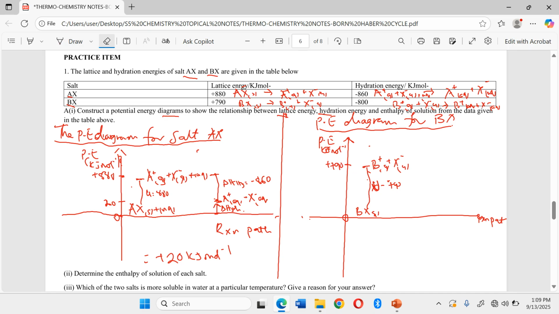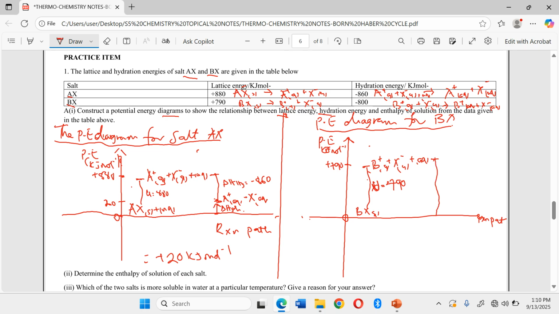Let's clear this. So we are saying lattice energy is positive 790. Then from there, when we add these gaseous ions in water, they become solvated. That's when we get the hydration energy, which is 800. Yet from here up to this line it is 790, so we need to move a little bit down, and we reach that stage where we have negative 10.